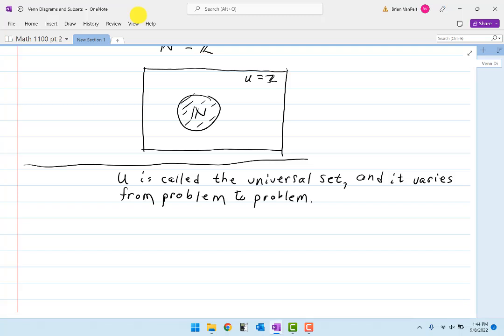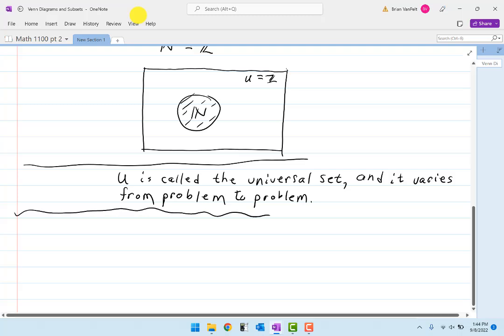So as you see in my first two examples, the universal set was the natural numbers in one example, and then it was the integers in another example. U contains everything under consideration at the time.